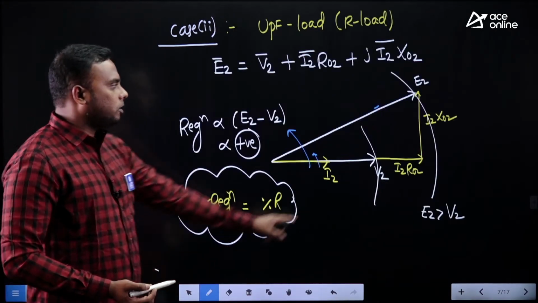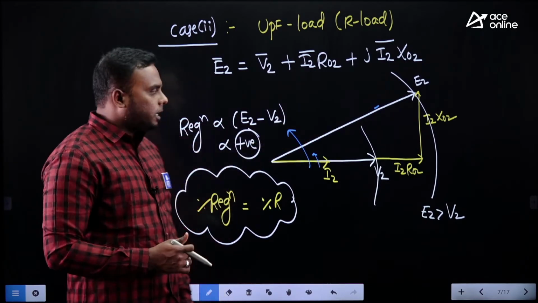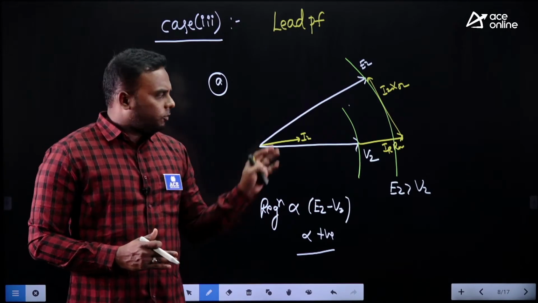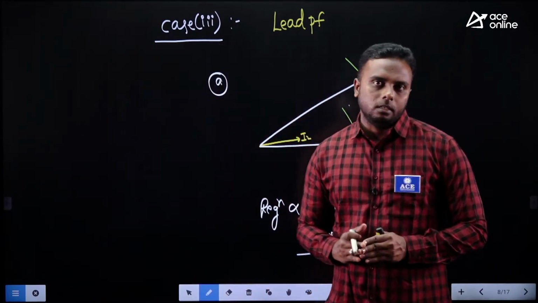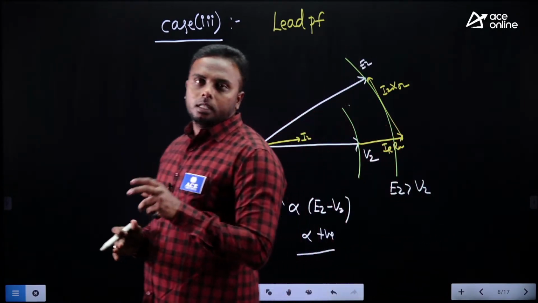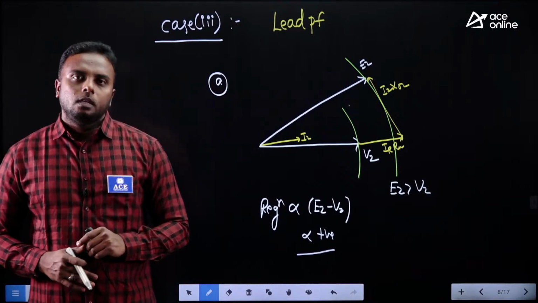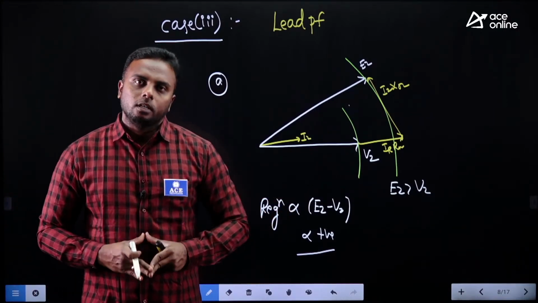Less, because in UPF we got more difference, but that difference has now reduced for leading power factor. So it is positive but less than UPF. If you have clarity on these diagrams, you can understand the regulation curve easily. Finally we draw all three cases combined in a graph, called the regulation curve. If you understand that regulation curve clearly, you can answer many questions directly.